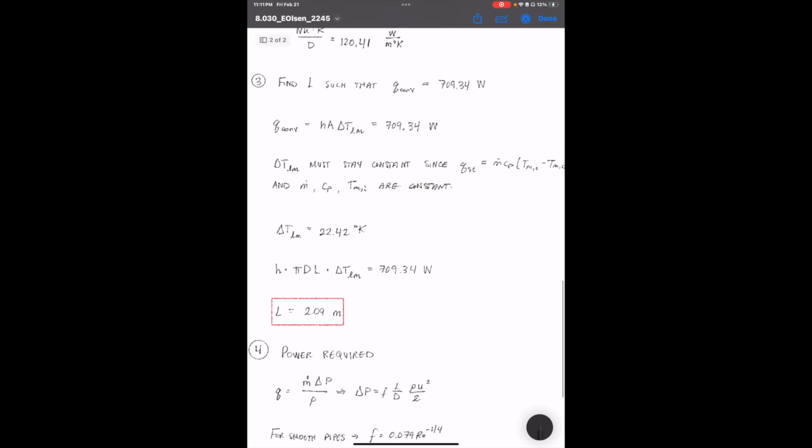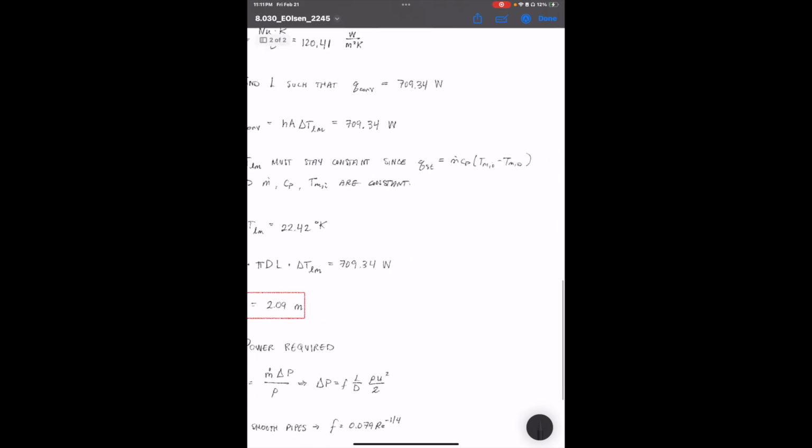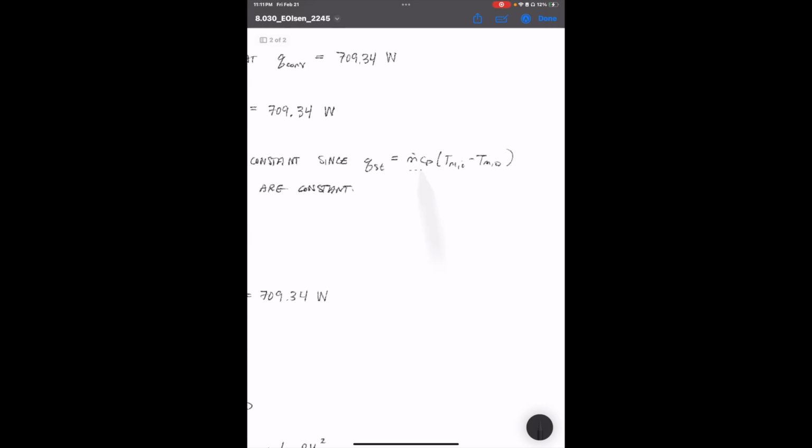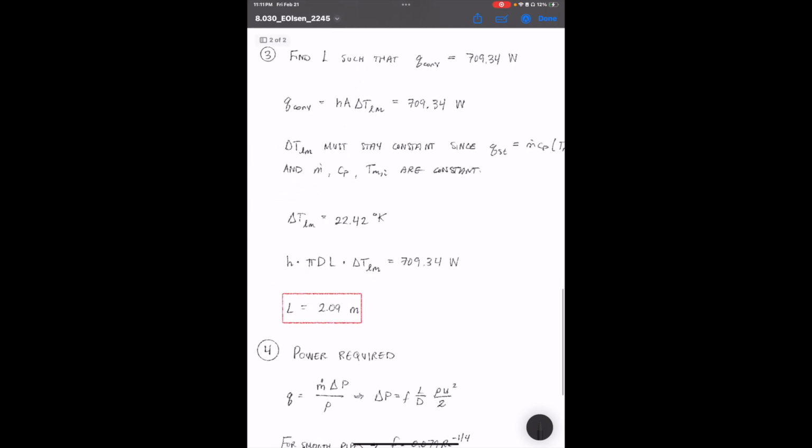And since we know that the temperatures aren't changing in this scenario, our delta T log mean is going to stay exactly the same. And this is what's defining that here. We know that m dot is the same, Cp is the same, and our inlet and outlet temperatures are going to be the same. And so we can assume that our log mean temperature is the same, which is the log mean temperature that was calculated in part A.